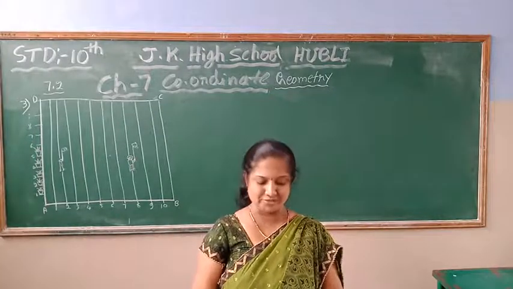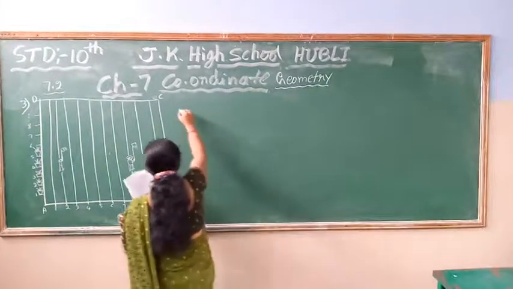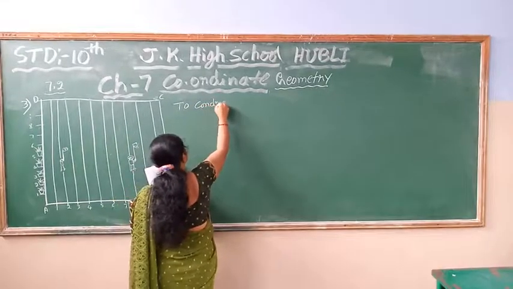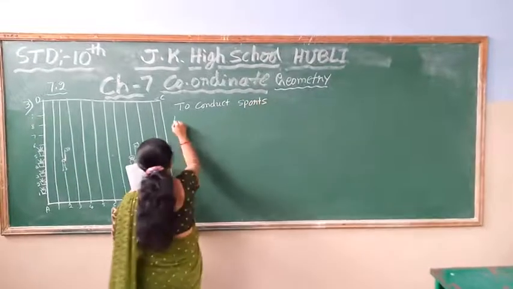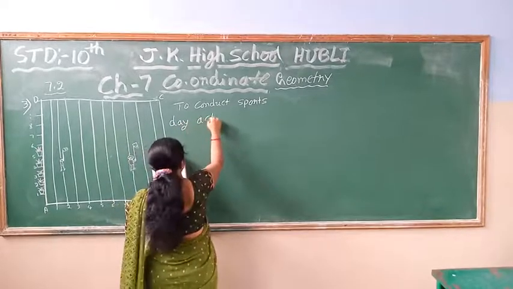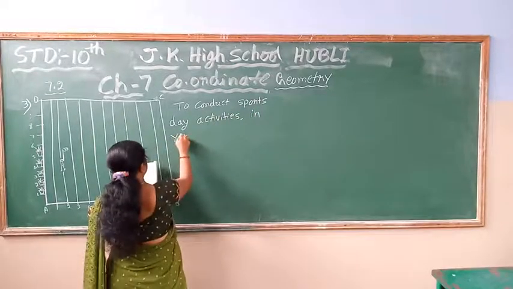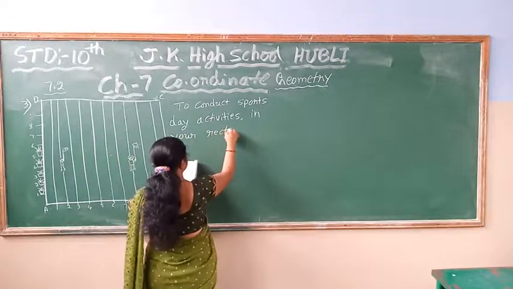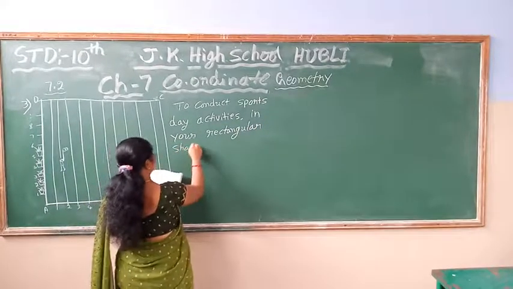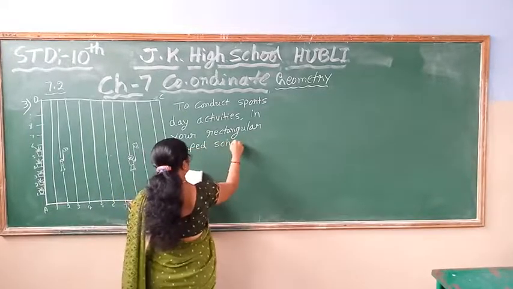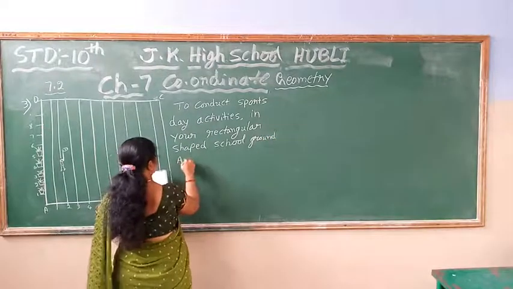Exercise 7.2, third question. To conduct sports day activities in your school, a rectangular shaped ground ABCD.